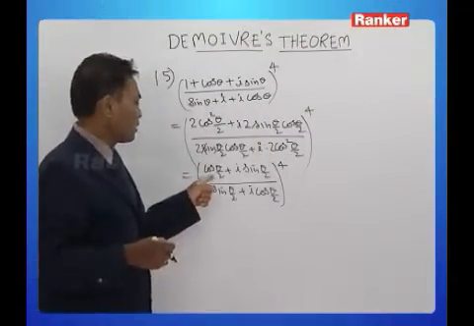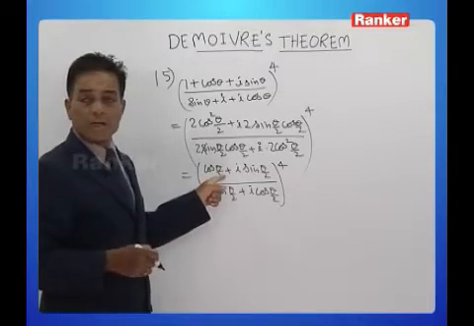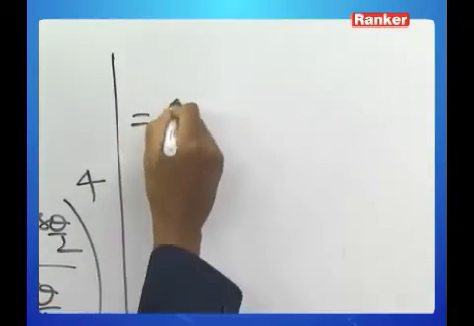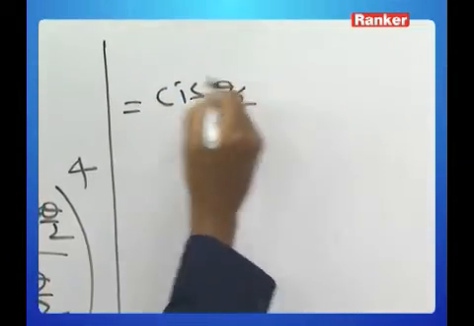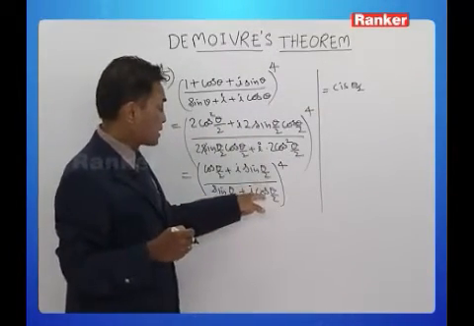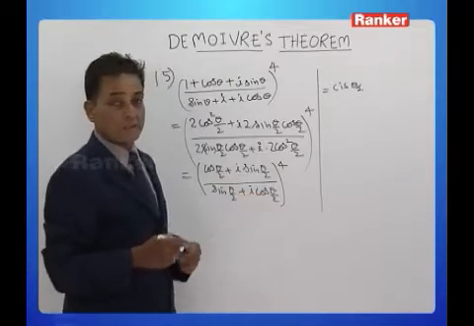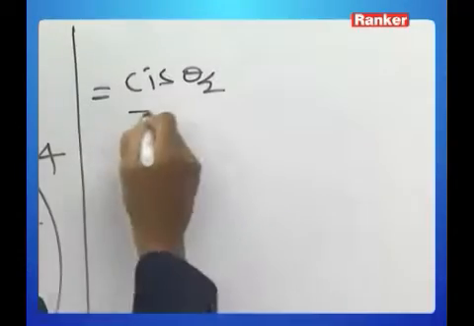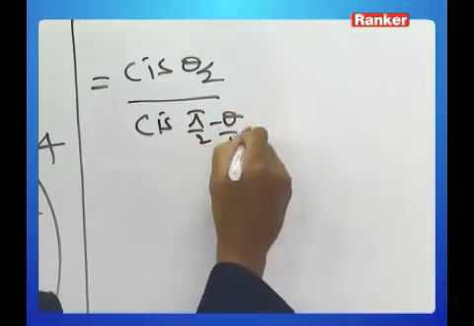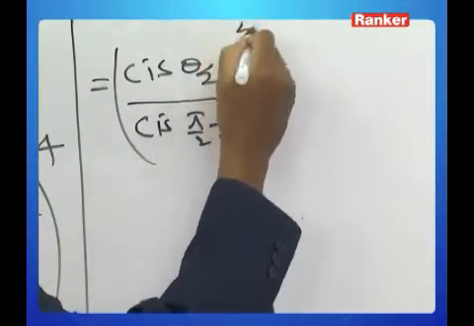Right? Now let us write this as cis. Here in the place of cos, sin is there, and in the place of sin, cos is there. So 90 minus, pi by 2 minus theta by 2, whole to the power of 4.